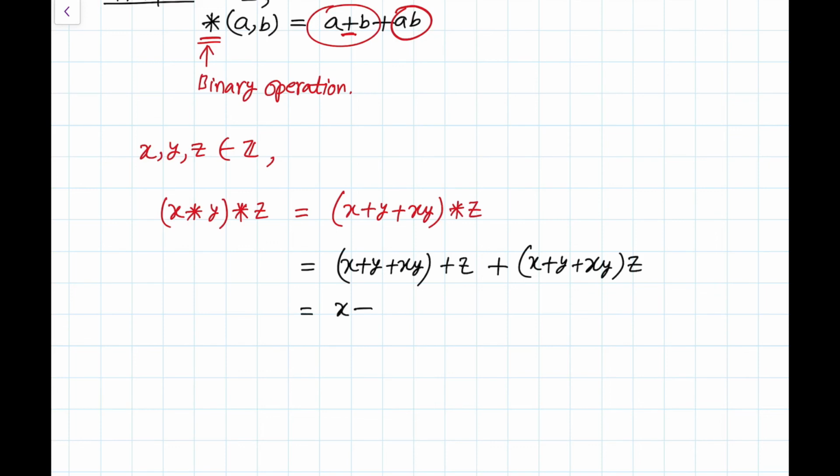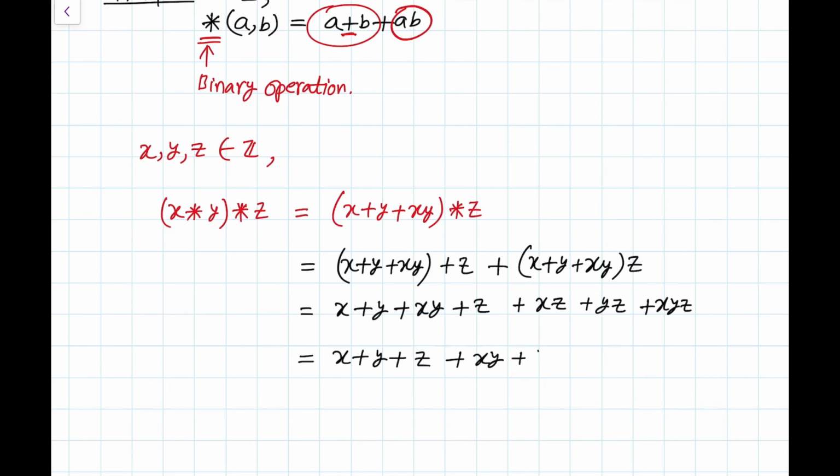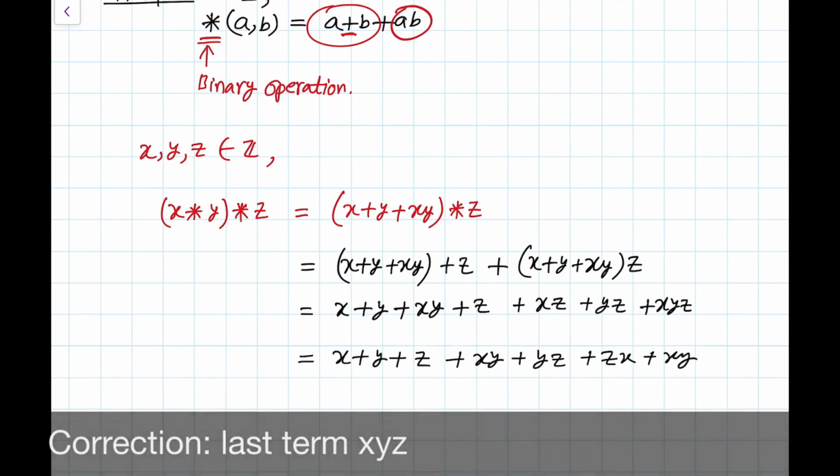So basically this will become x plus y plus z plus xy plus yz plus zx plus xyz. If we again calculate the term x star (y star z), this will also be equal to the same term. So we can claim that this operation is an associative binary operation.